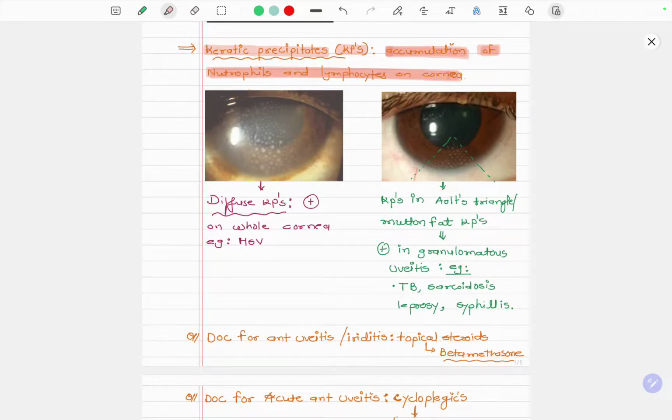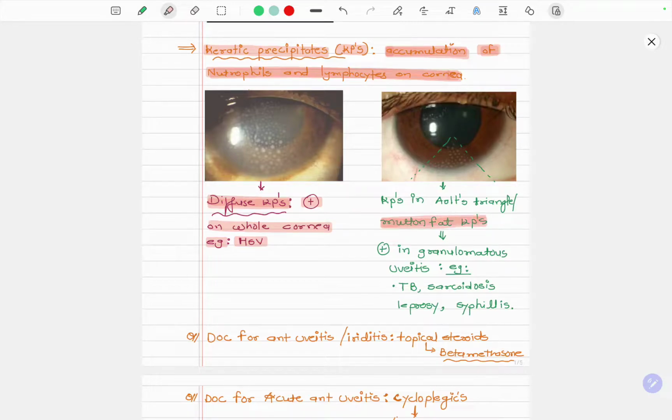You have to differentiate between diffuse keratic precipitates and mutton fat keratic precipitates. Diffuse keratic precipitates are present on the whole of the cornea. An example of it is herpes simplex virus infection.